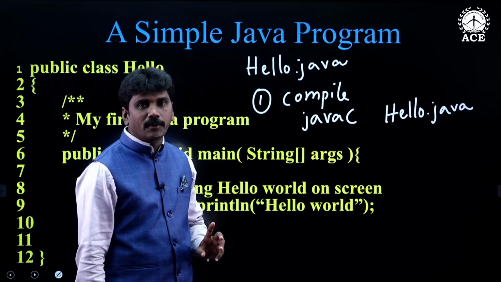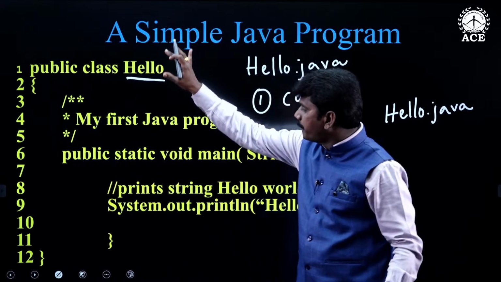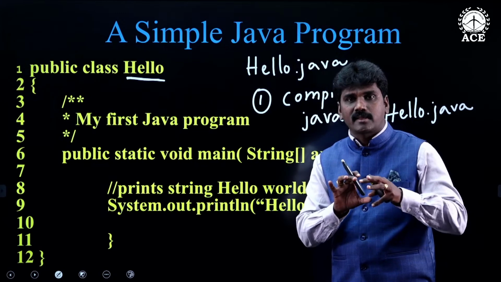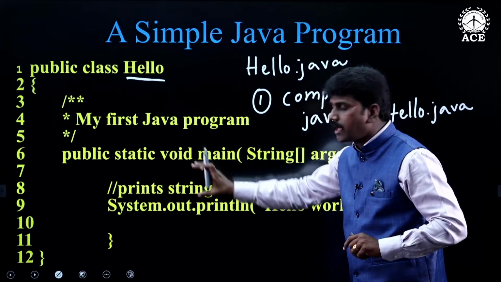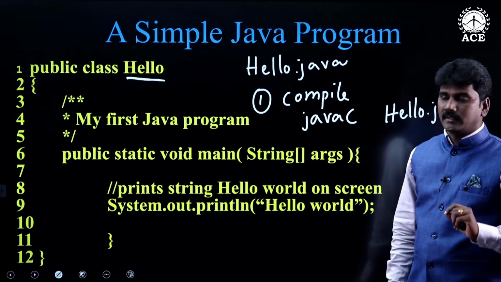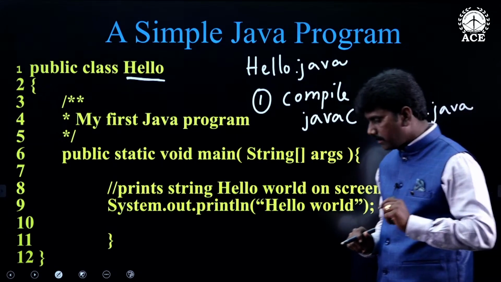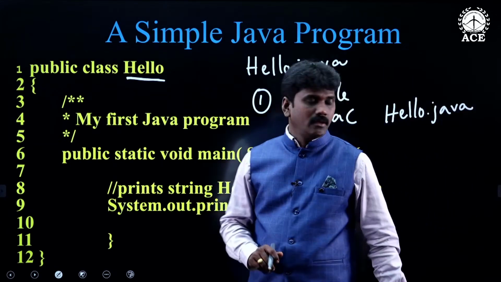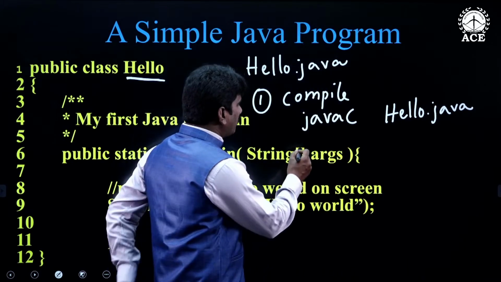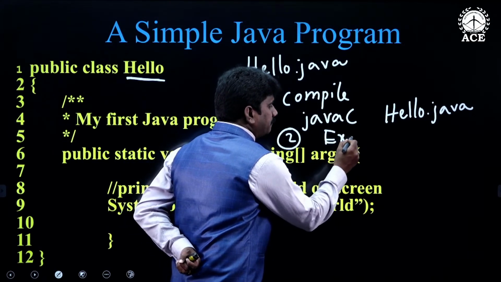While compiling, the Java compiler is going to see the total program as a whole and check whether it has any syntax errors or other errors. If there is no error, then control will come for the execution. So first, we have compiled the Java program. The second step is that we can execute the Java program.